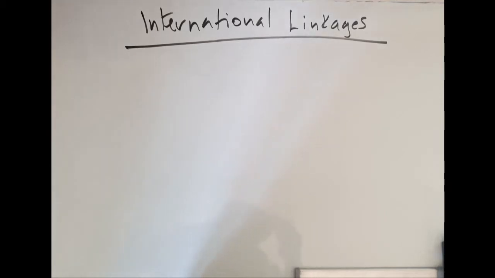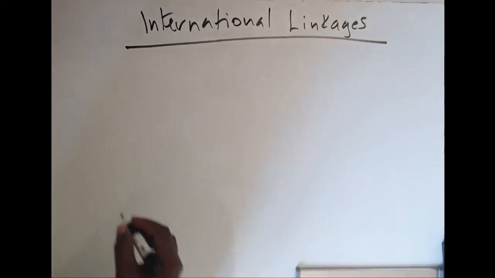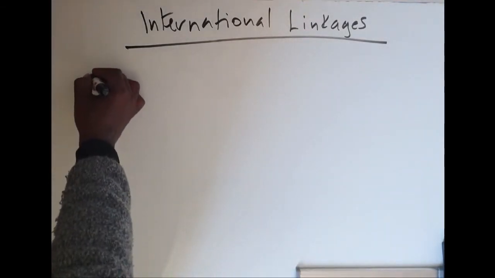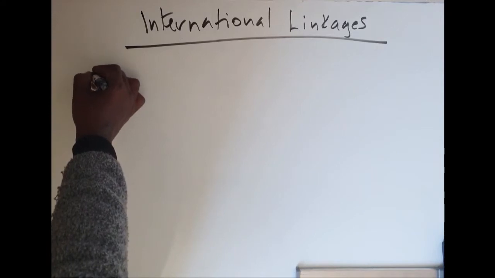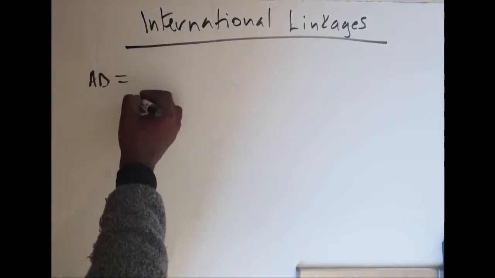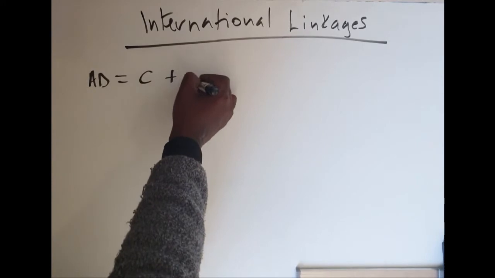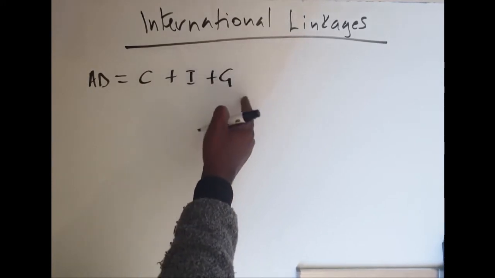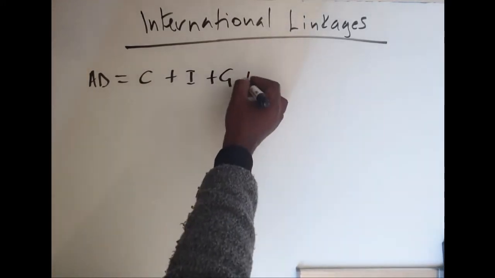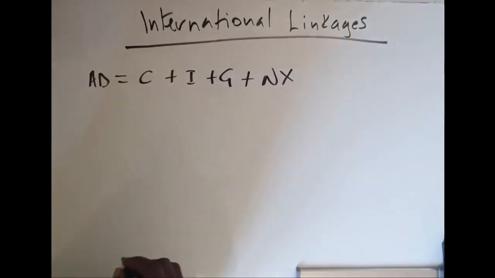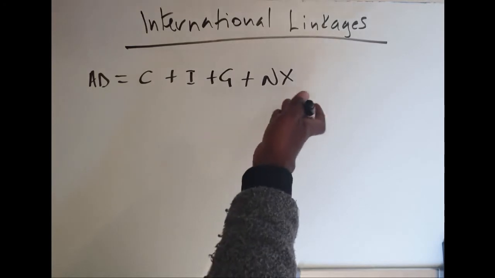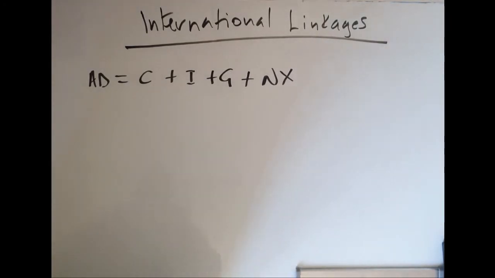So in our model, when we look at spending, aggregate demand is equal to consumption plus investment plus government, so this is domestic absorption, plus net exports. Net exports effectively tells us that we are linked to the rest of the world. We are trading with the rest of the world.